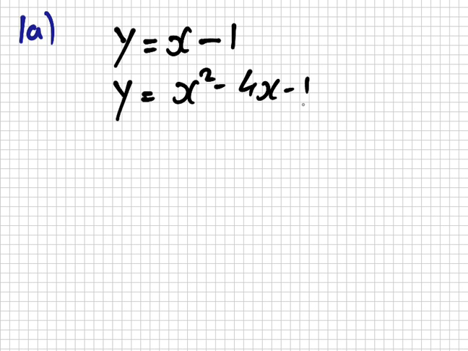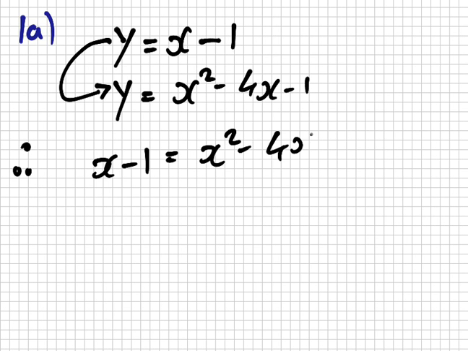We can't use elimination because, well, I suppose actually in this case we could cancel the y's. But substitution is the best method because we know that this is equal to y and this one's equal to y, so therefore by putting this in here I get x minus 1 equals x squared minus 4x minus 1.